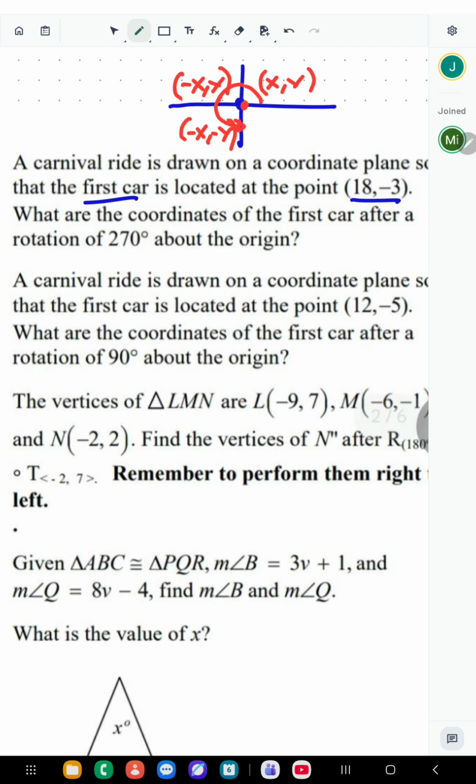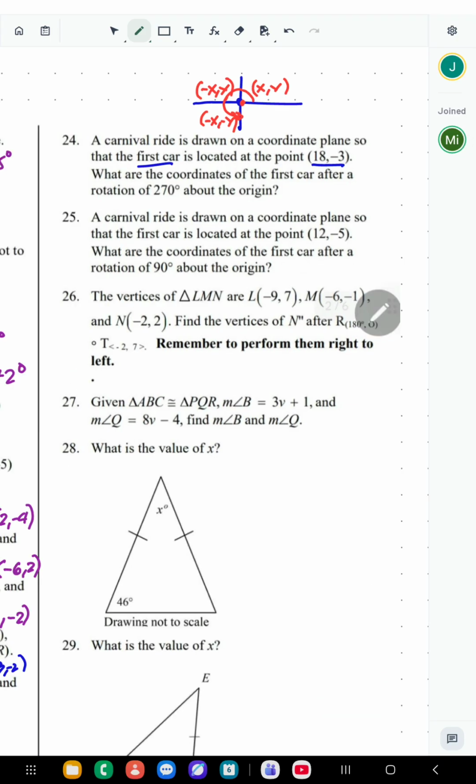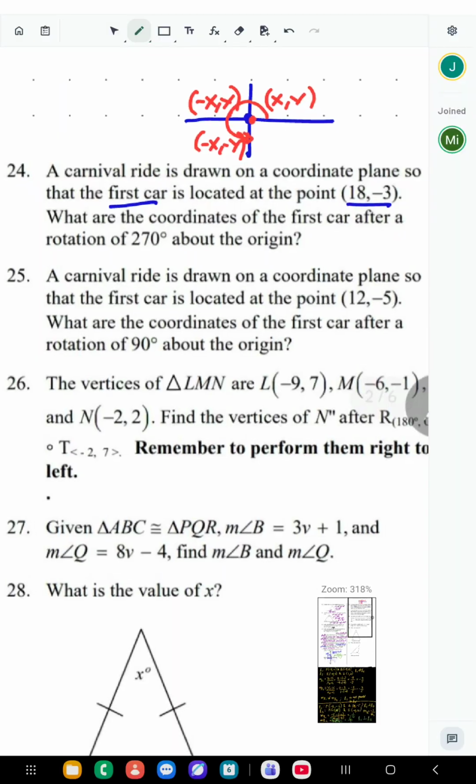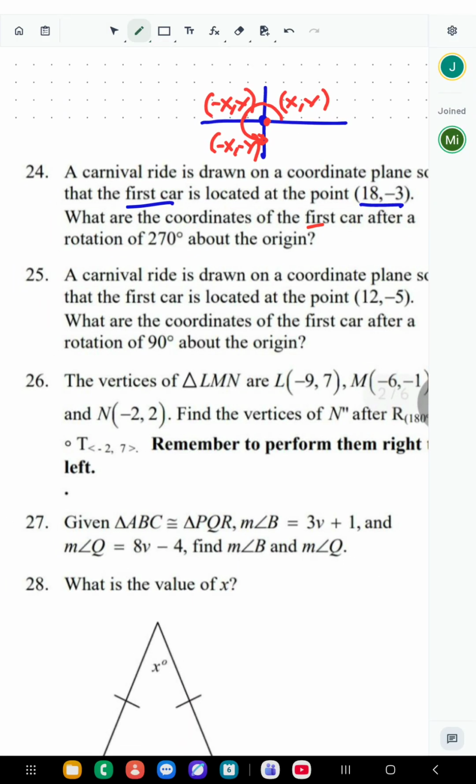Yeah, but it says rotation. Okay, so if this is our original point coordinate x, y, that would become y, negative x if it rotates.